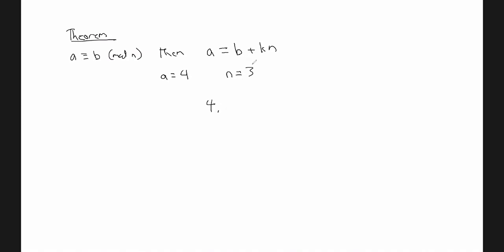So I can just start adding multiples of 3 in one direction: 7, 10, 13. These are all congruent modulo 3. And then I subtract going the other direction: 1, -2, -5, and so on. So all these values are congruent modulo 3 by using this theorem.